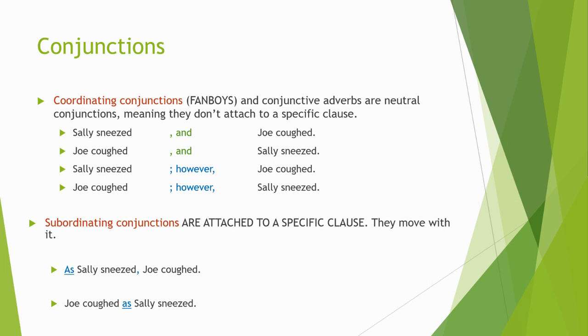No matter what, that conjunction stays at the beginning of Sally sneezed. It's attached to the clause. Now, what we have to remember with this is that in situations where the dependent clause comes first, we have to put a comma after it.